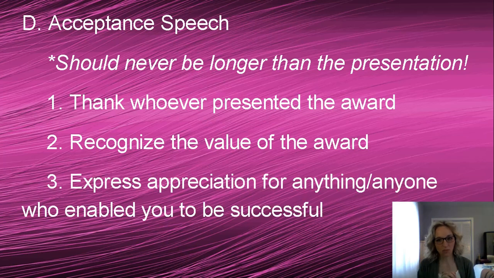Then express appreciation for anything or anyone who enabled you to be successful. And you see them do that on those television award shows when they win the Emmy or Golden Globes or whatever they are. And they always thank the crew and the writers and the producer and my mom and my grandma, whatever.